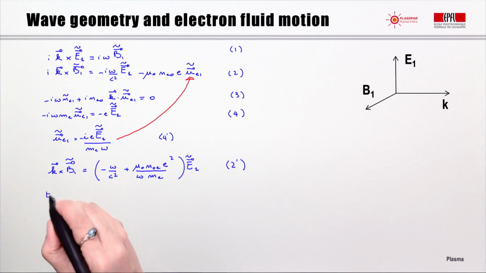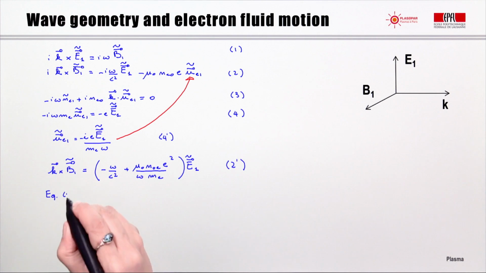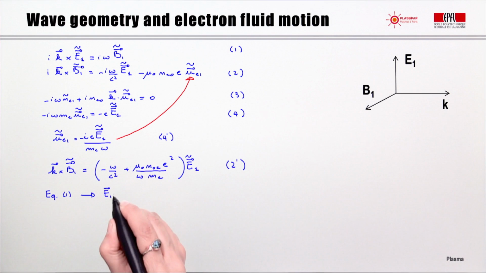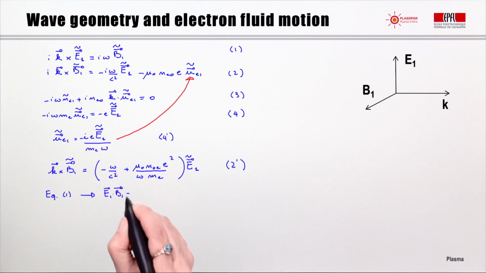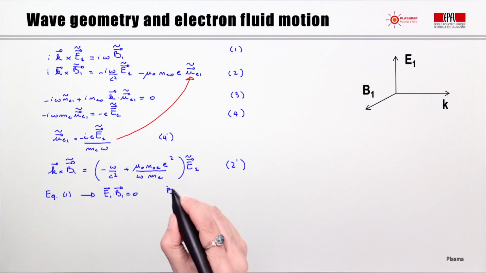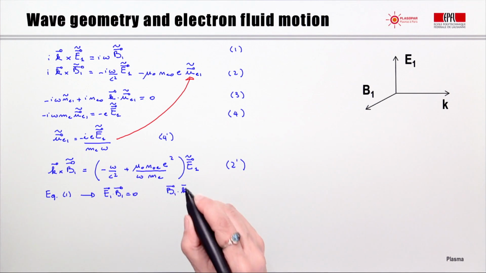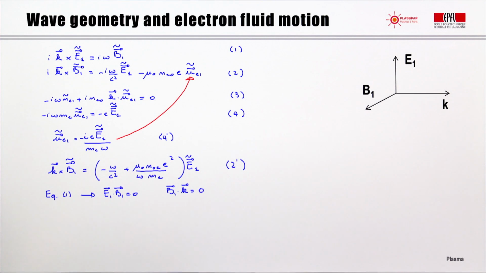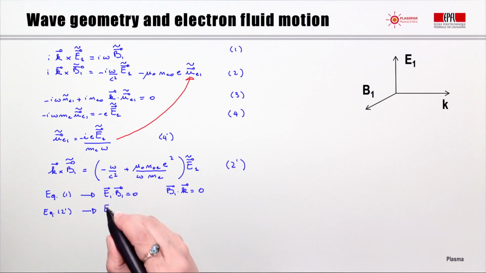First of all, from equation 1, we can deduce that the electric field and the magnetic field are perpendicular, and also the magnetic field and the k vector are perpendicular. From equation 2' that we just wrote, we can deduce that the electric field is also perpendicular to the k vector.